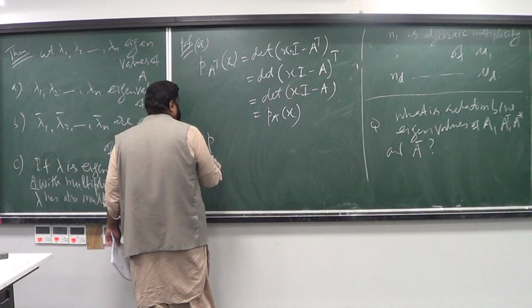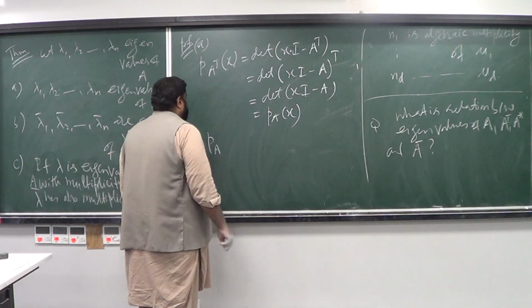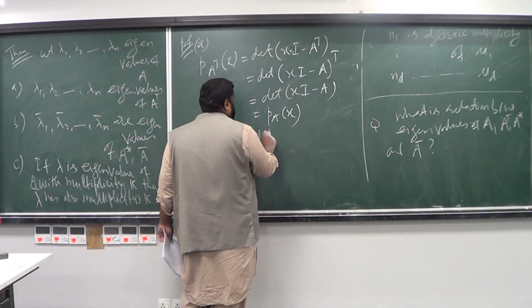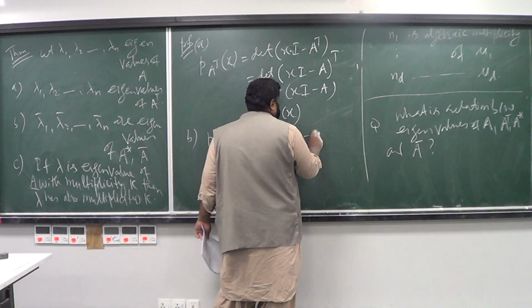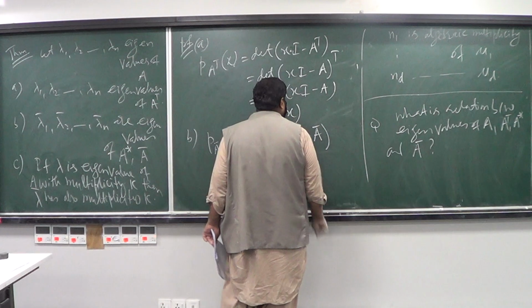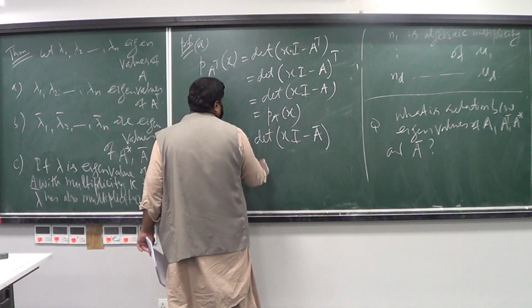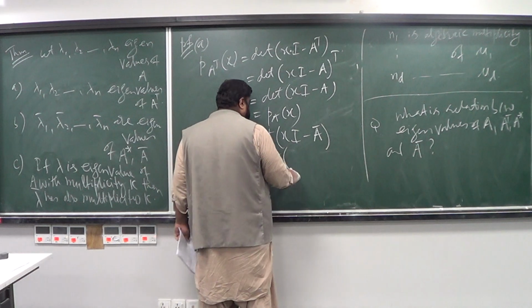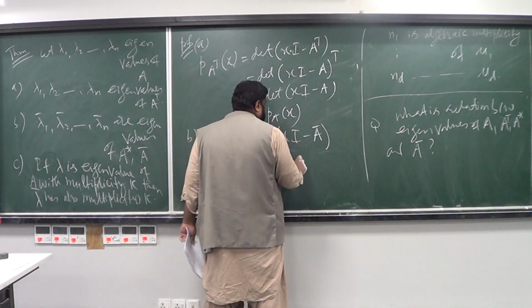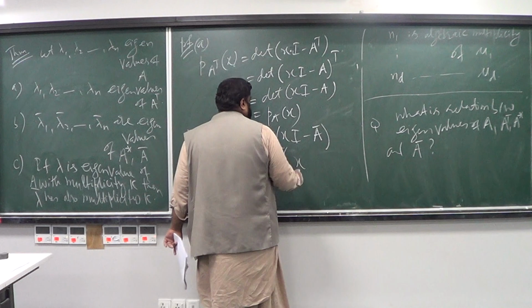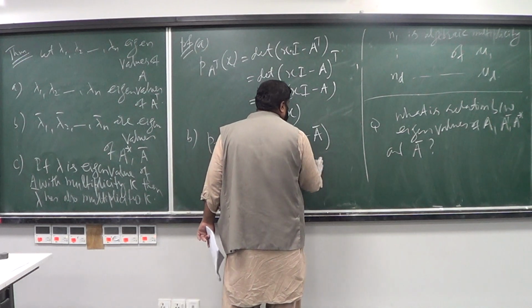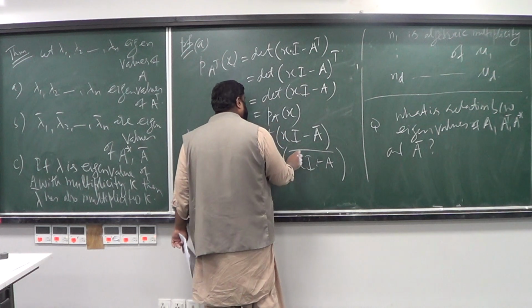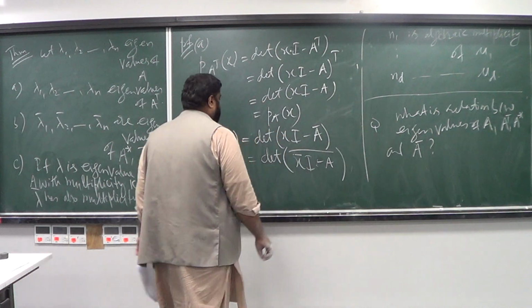How about the conjugate? It is going to be the determinant of xI minus A conjugate, but this is the same as the determinant of xI minus A, whole conjugate, but we need to put a conjugate here actually.